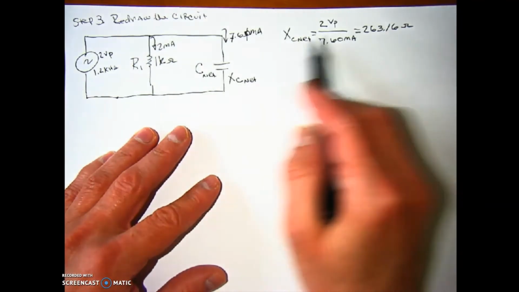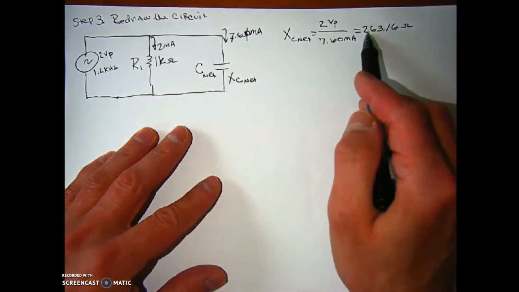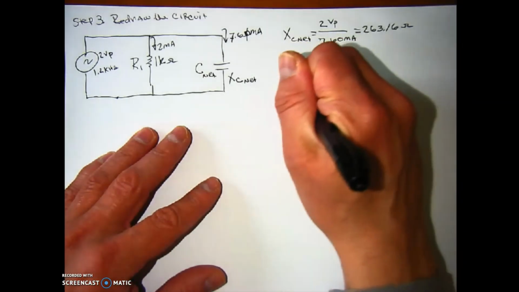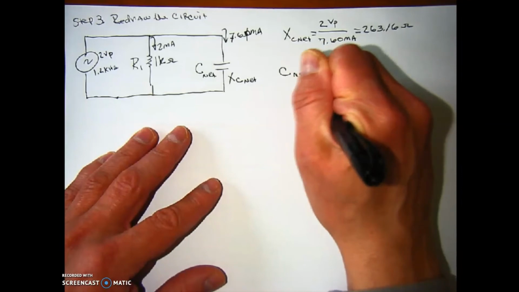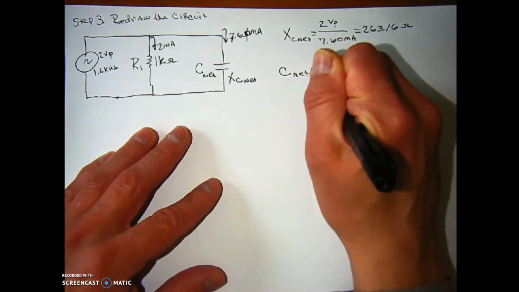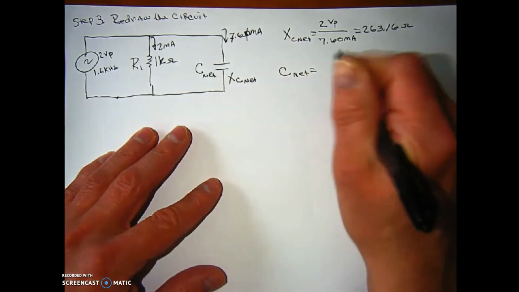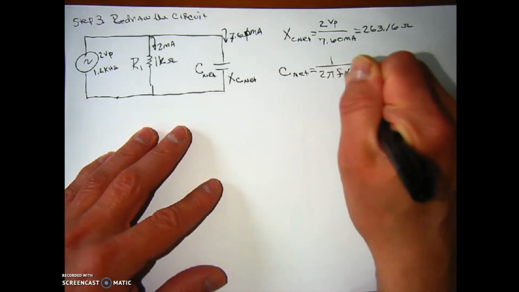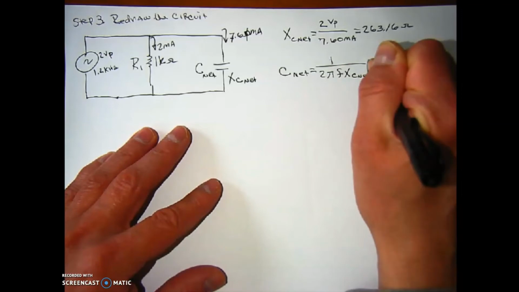Since this is the capacitive reactance for x sub c, we can solve for C, the value of our capacitor, and that's going to be equal to 1 over 2 pi f x sub c net.